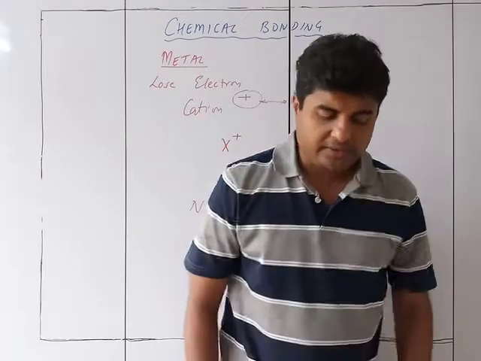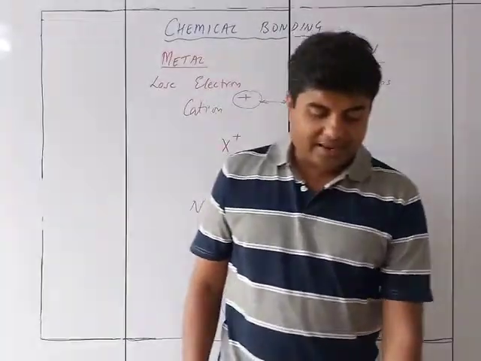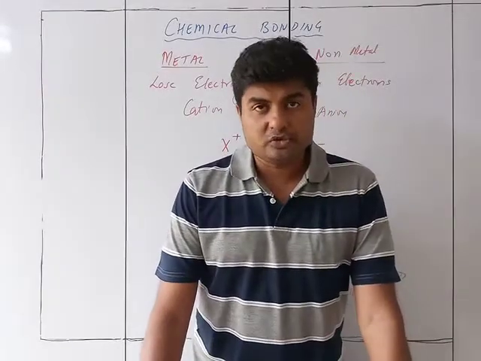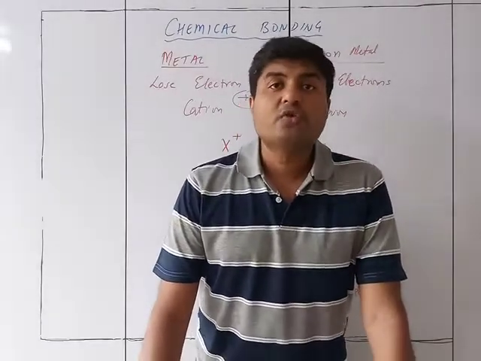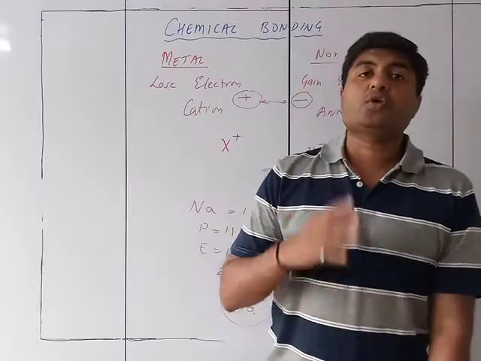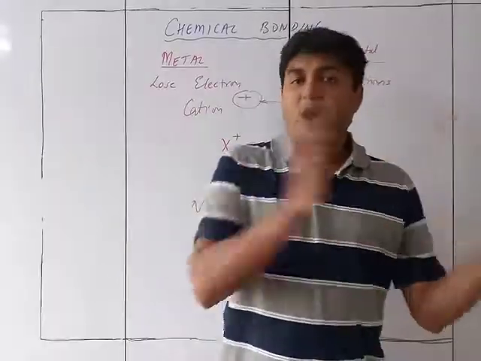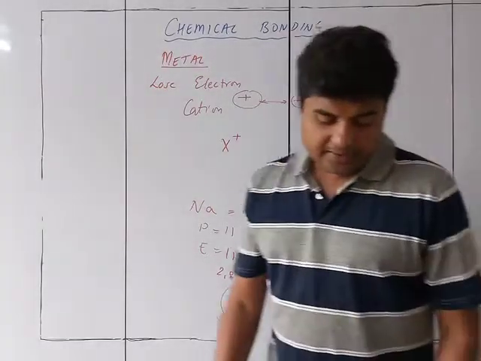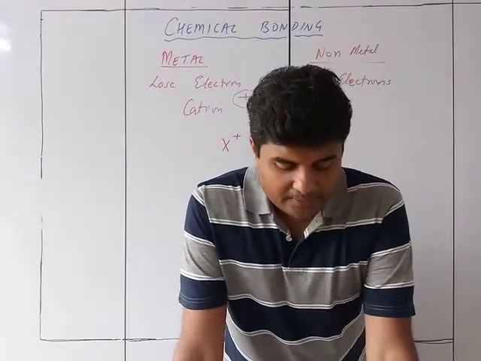We see the definition once again: the chemical bond formed between two atoms by transfer of electrons from a metallic, that is electropositive, element to a non-metallic one is called an electrovalent bond.